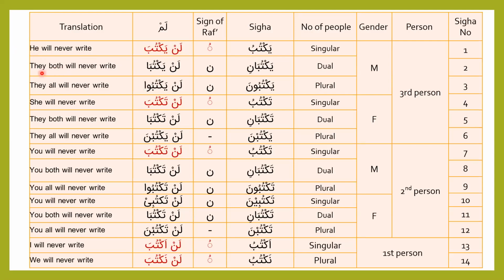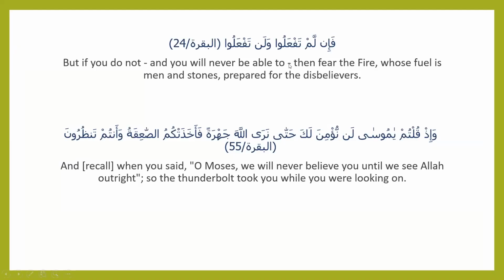Lan yaktuba, they both will never write. So let's see in the Holy Quran, and you just tell me what sigha number it is. فَإِن لَمْ تَفْعَلُوا وَلَن تَفْعَلُوا. Can you tell me the sigha number? تَفْعَلُوا. Sigha number 3? No. What is omitted?